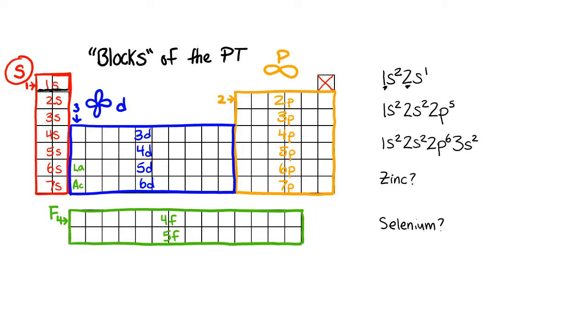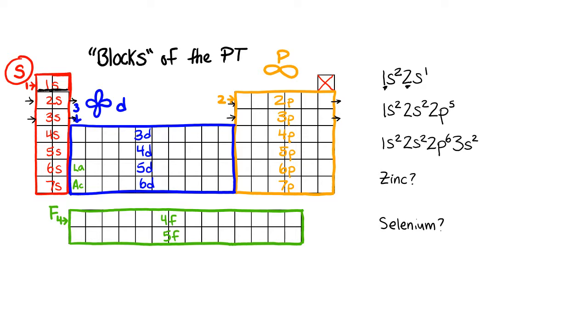As you leave the 1s block and continue through the periodic table, you hit the 2s block. If you leave the 2s block, you actually enter the 2p block. Continuing, you hit the 3s block, jump back across to the 3p block.